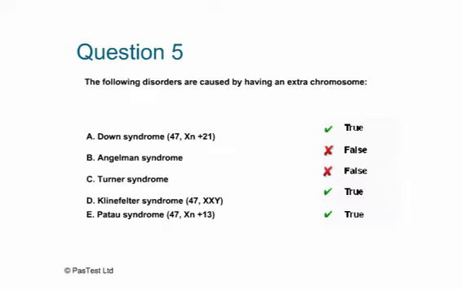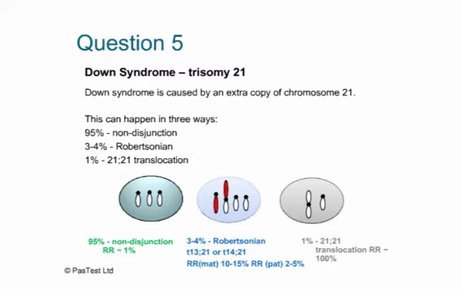Now, trisomy 21, Down syndrome, is of course always caused by an extra copy of chromosome 21. But it's important to remember there are three ways in which this event can happen. In the majority of cases, 19 times out of 20, this occurs due to non-disjunction of the chromosomes.